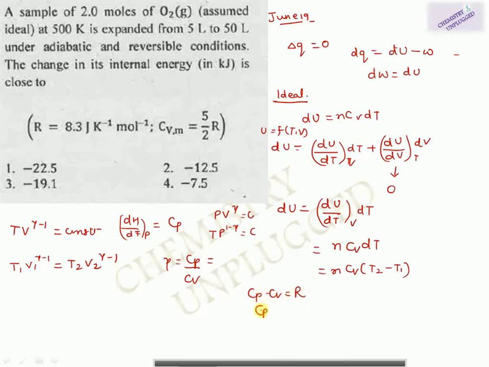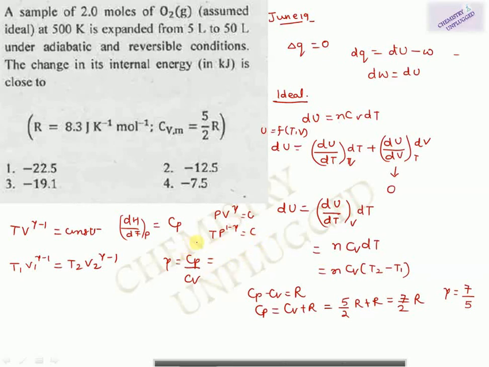So the value of Cp will become Cv plus R. From this equation, it will become 5 by 2 R plus R. So it will become 7 by 2 R, and gamma will become 7 by 5. This is one form of calculation. You can also calculate the value of gamma for monoatomic, diatomic and polyatomic gases using different degrees of freedom. So you can also watch this chapter about degrees of freedom in my course.